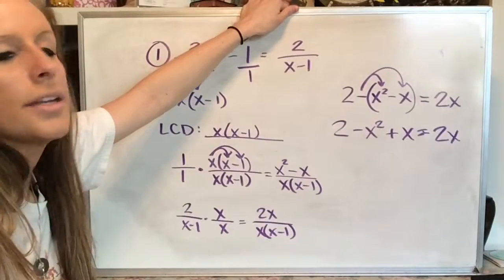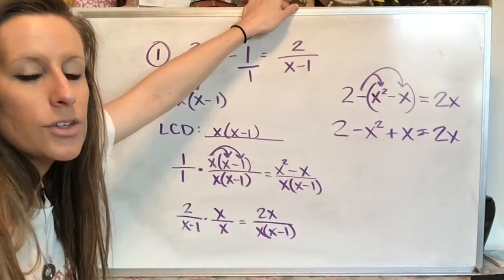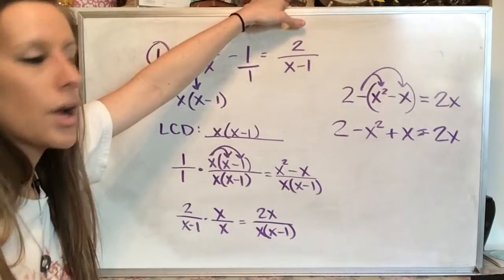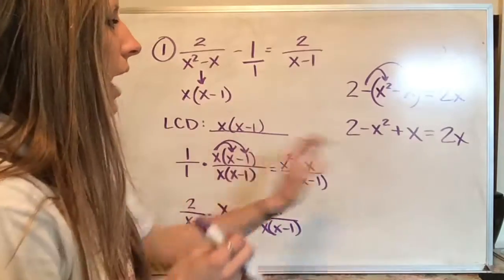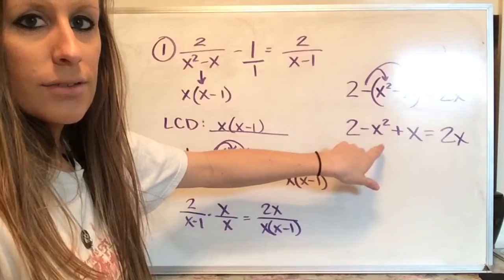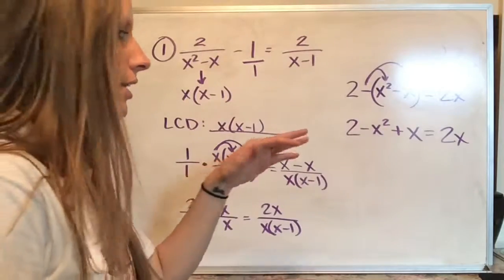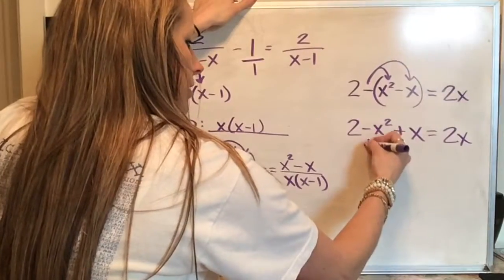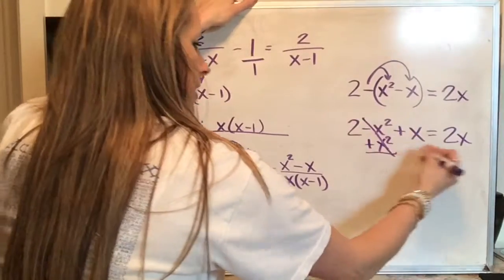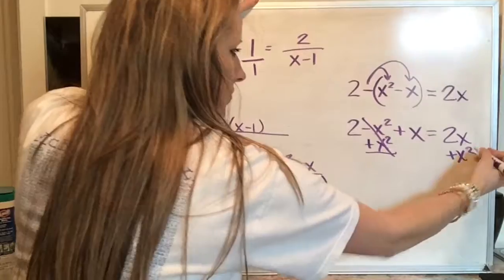We talked about on Monday, anytime you have an x squared, you need to get it to equal 0. So we need one side to equal 0. Now I like my x squared to be positive. For me, it makes it so much easier. So I would move everything to the right. That way my x squared is positive.